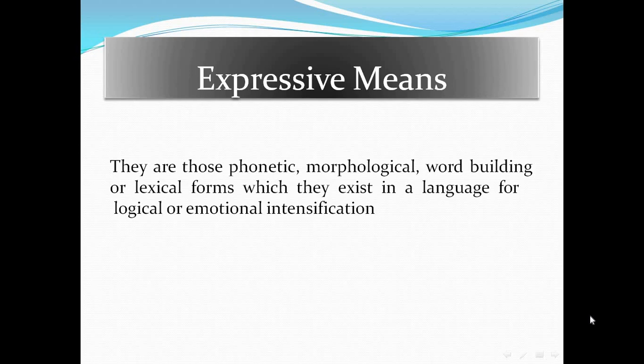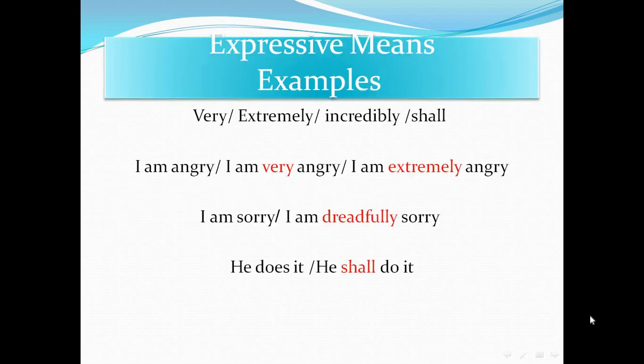If we get some examples of expressive means, we can have words like very, extremely, incredibly, or shall. These are actual words that are used in the English language in natural everyday conversation.